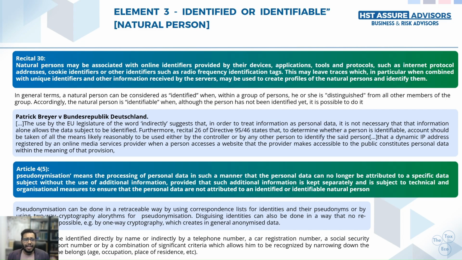Let's say I have a bunch of IP addresses, and if I am able to tag that this IP address visited my website, that is also creating a relationship. So an online identifier, that is an IP address, is sufficient to link with an identifiable person, and that will create your personal data.